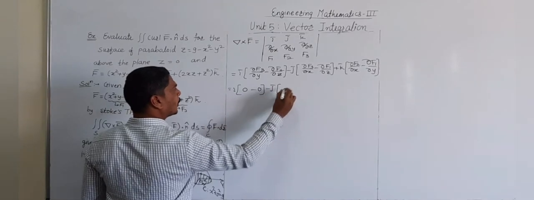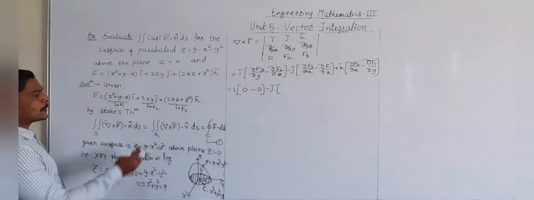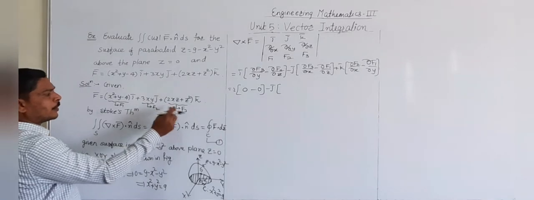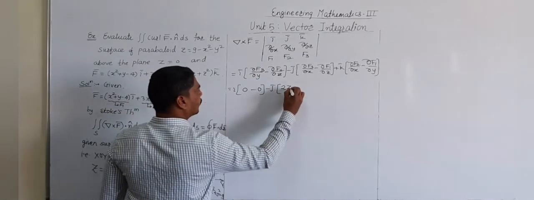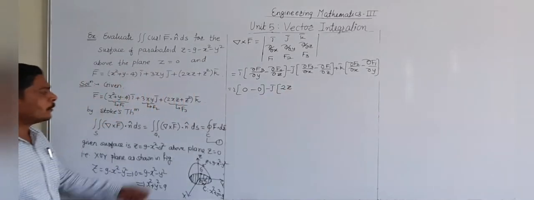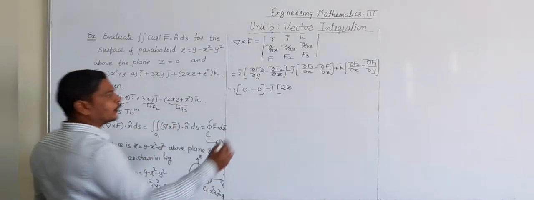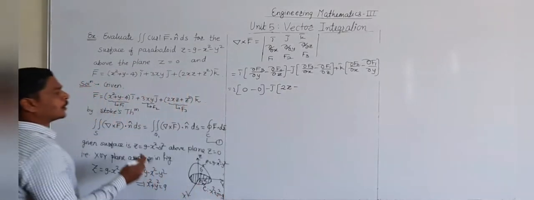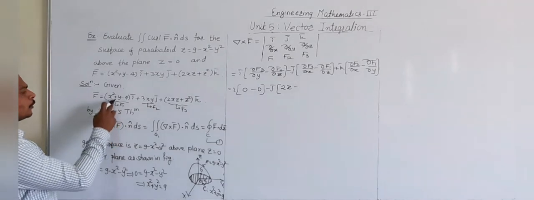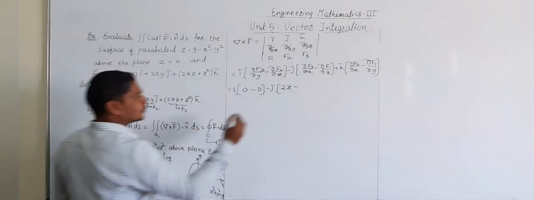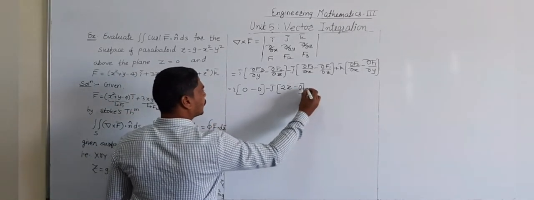Minus j bar into bracket partial derivative of f3 with respect to x. So this is our f3, so the derivative with respect to x becomes 2z. Right? Then minus the partial derivative of f1 with respect to z. But f1 does not contain z, so the derivative becomes 0.